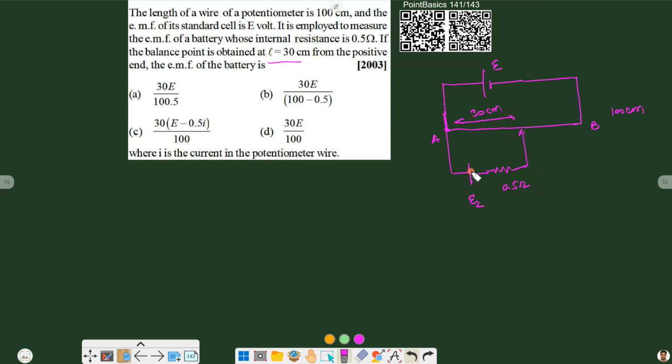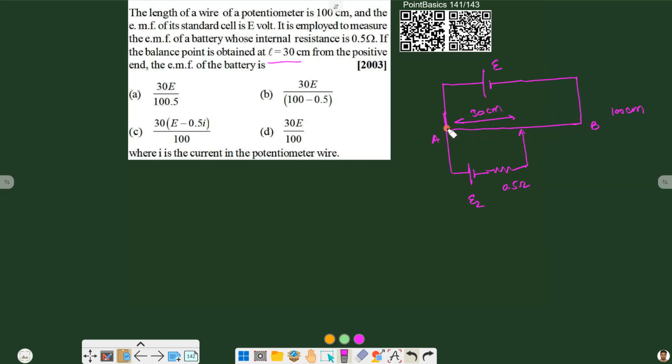So we can easily say that at the null point, as there is no current flowing through this part, potential E2 should be equal to the potential drop across AB wire up to length 30 centimeter.